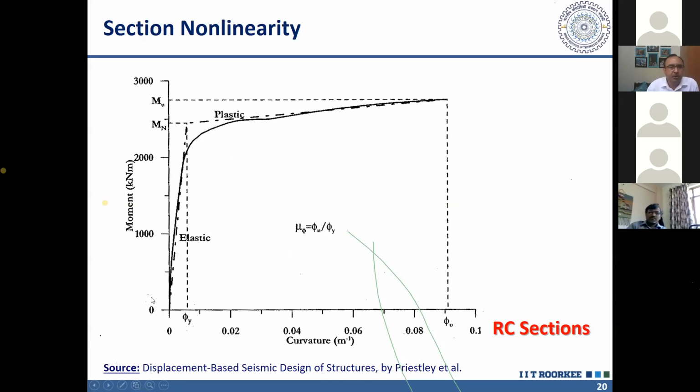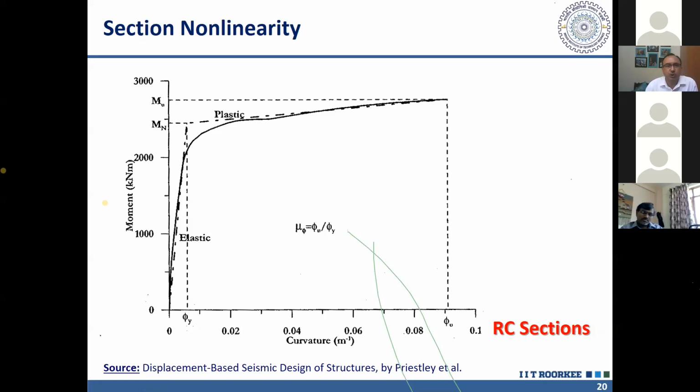When we plot moment with curvature, initially the section is intact. It is uncracked. You may recall that the slope of the moment-curvature diagram is representing EI. So the EI value of a section is given by the slope.